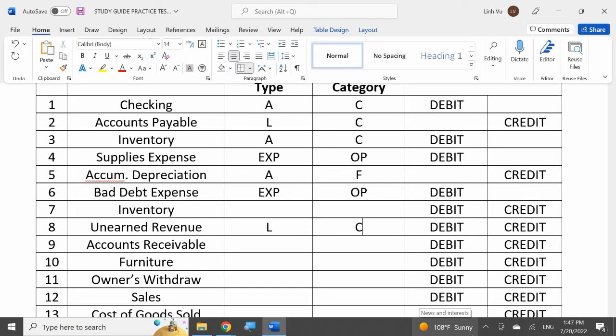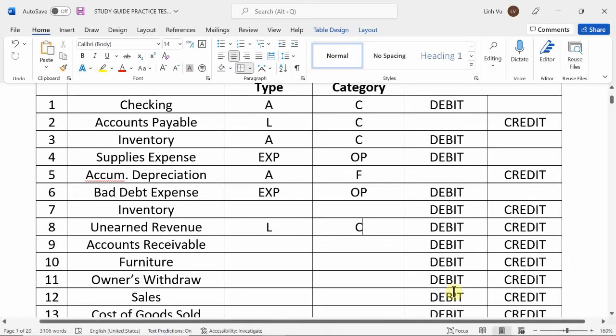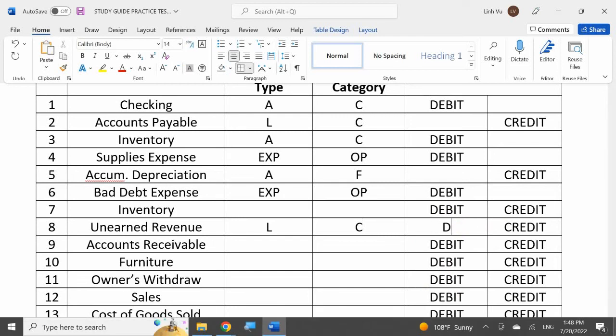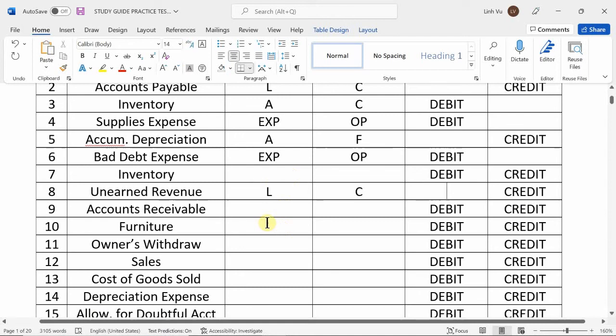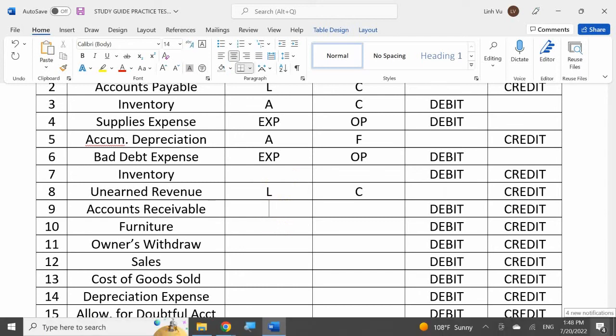All right, and what kind of normal balance would this have? It's a credit because it's a liability. Excellent. It's a liability, and because it's a regular liability, you are going to credit it. What about accounts receivable? That's a current asset.